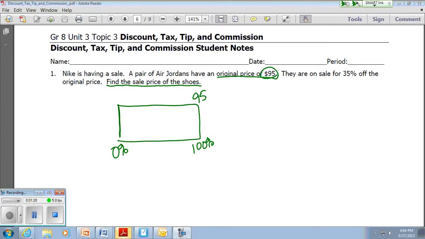So there's a couple of ways I could do this problem. I could look for the discount, and then once I get the discount, subtract it from the original price. Or I can find the difference between 100% and the discount percentage, and find out what I'm paying. So what I'm going to do is set up both for you.